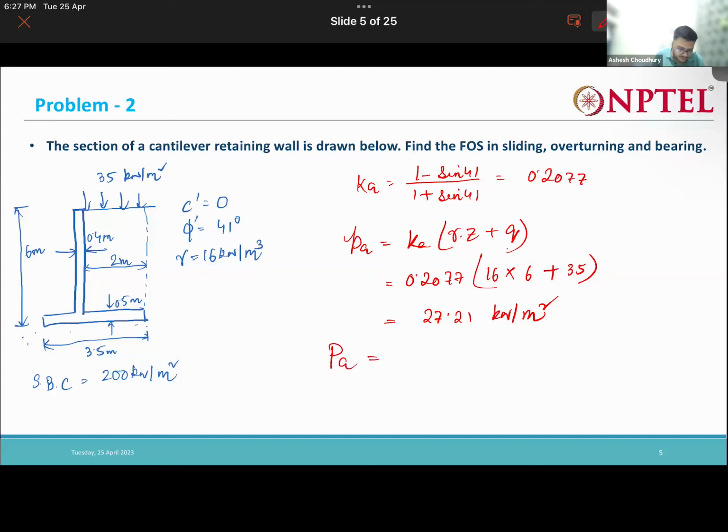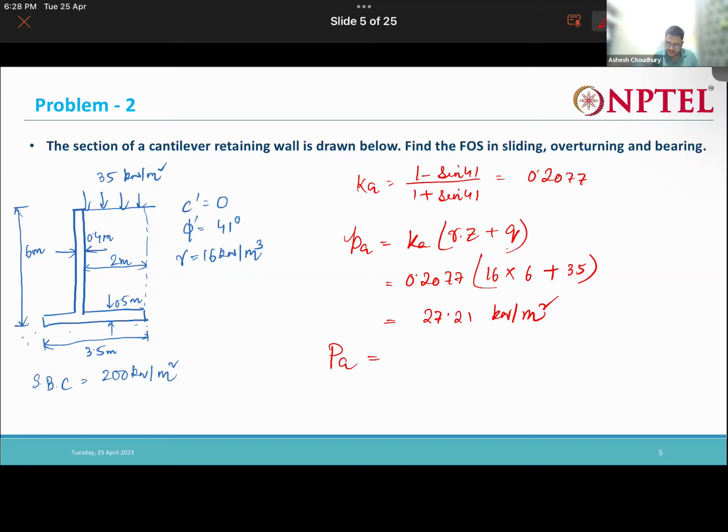So now let us find the capital P. We will be following Rankine's theory, remember that, and we will be assuming that our wall is smooth. So what is capital PA?